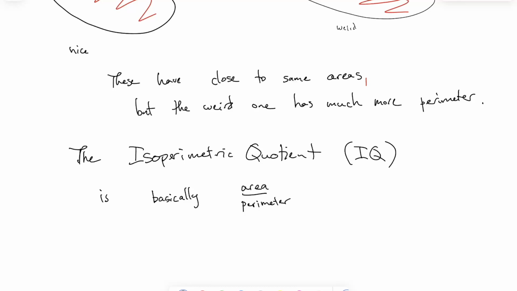Don't put that in a box or anything, because that's actually not the real formula. The formula is slightly more complicated, and we'll get to the details of that next time. But it's basically area over the perimeter.